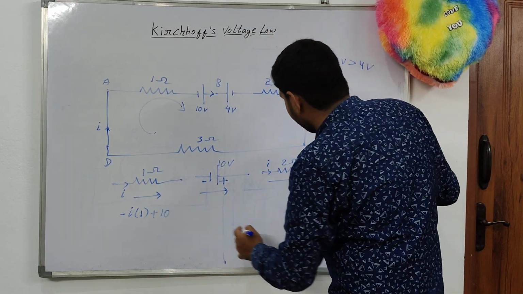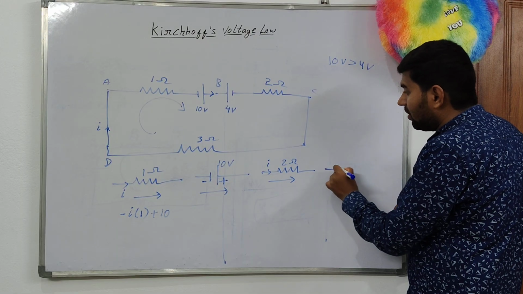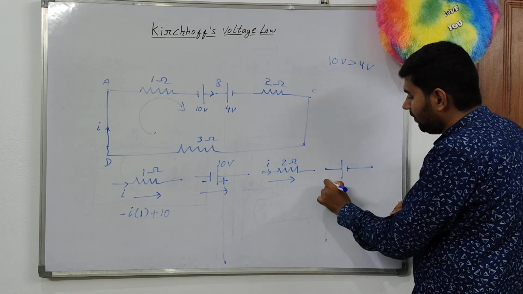Before that, one more cell is also there. This is a 4 volt cell.